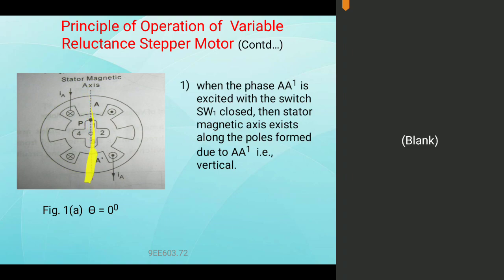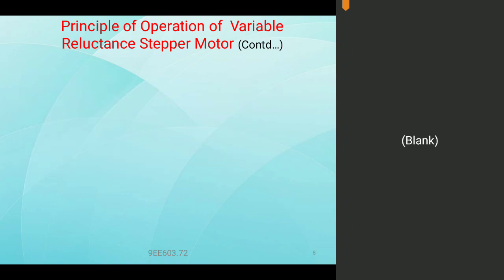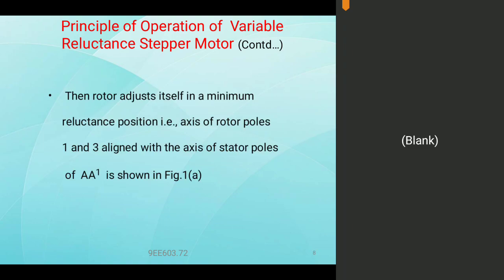Here A dash, stator axis of the poles. The axis of rotor poles 1 and 3 aligned with the axis of stator poles of A dash is shown in the figure.